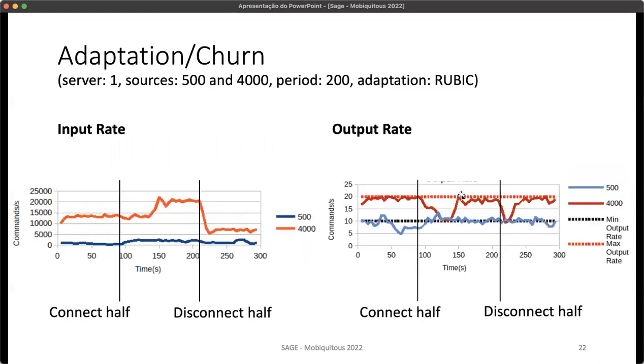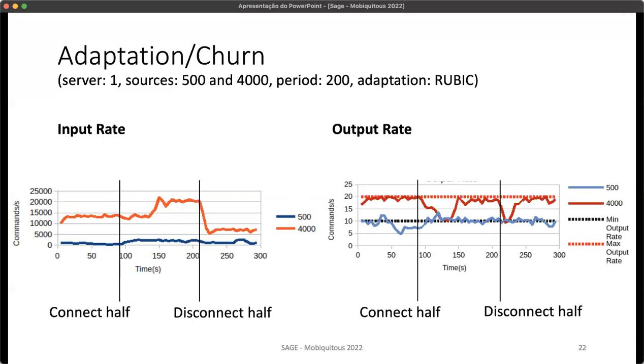Regarding adaptation and churn, we try to condense it in a single slide. We have an experiment here with two populations. We'll focus just on the 4,000 population. At the beginning, we have only 2,000 sources. Here, around the 100 seconds, 2,000 more connect.